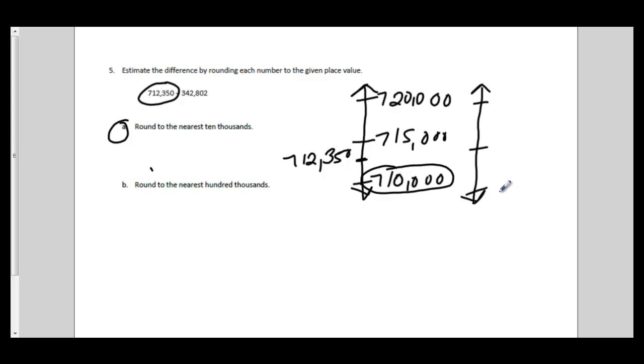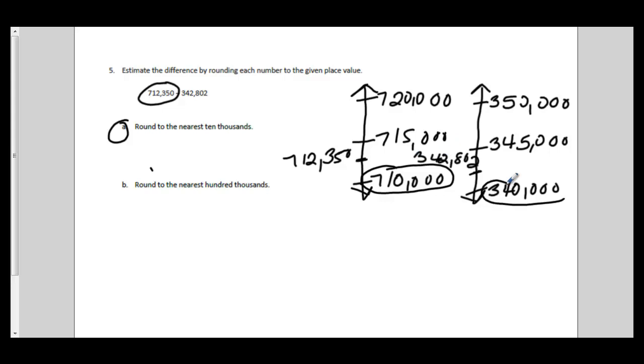And then 342,802 has 340 thousands. One more 10,000 is 350,000. And my midway point is 345,000. Okay, so 342,000 would be down here. So I'm going to squeeze this in. 342,802. So it's closer to 340,000.